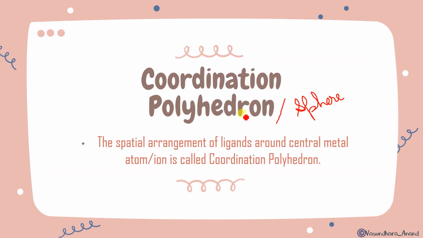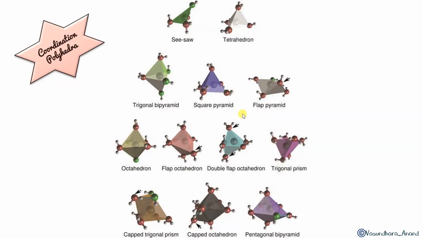This is the coordination polyhedron. It can be seesaw, trigonal bipyramidal, square pyramidal, tetrahedral, or octahedral.